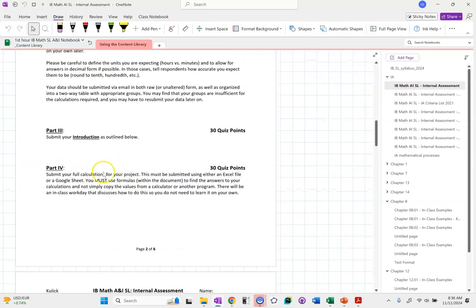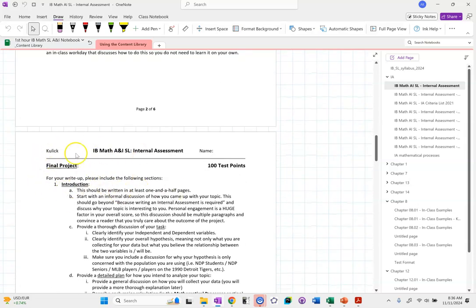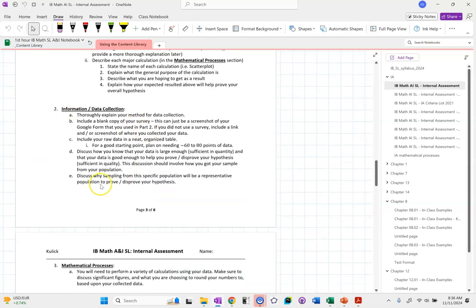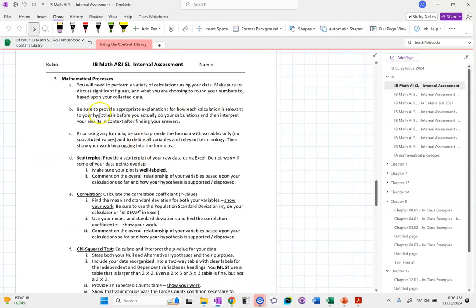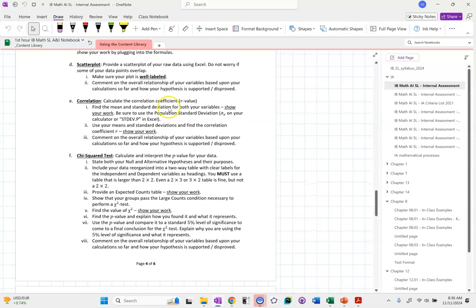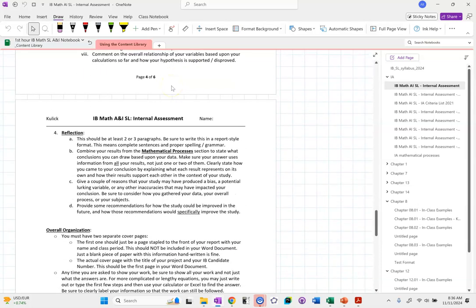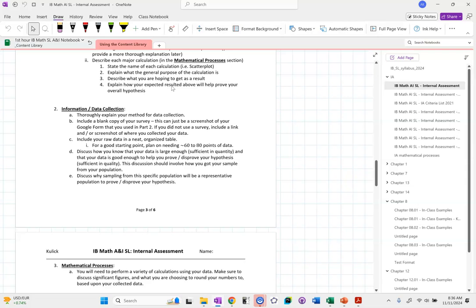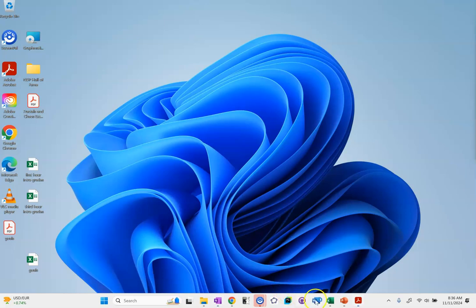When you look at part 4 or part 5, when you're doing the final, I have everything for each section detailed together, even in more detail than I just went through, about what you need to have. Okay, so as you're writing, make sure you're looking back at these things. But let's get to this now.